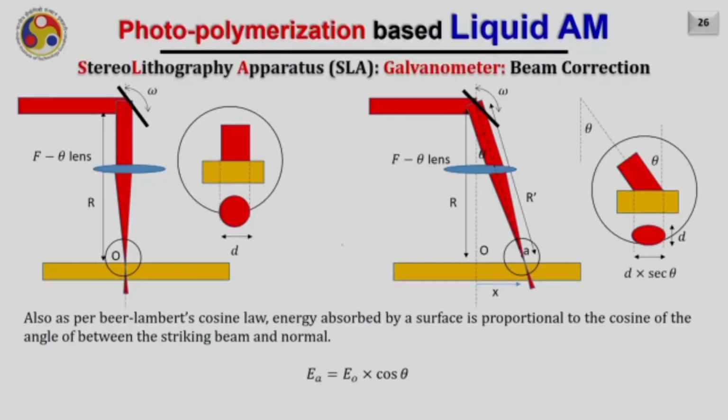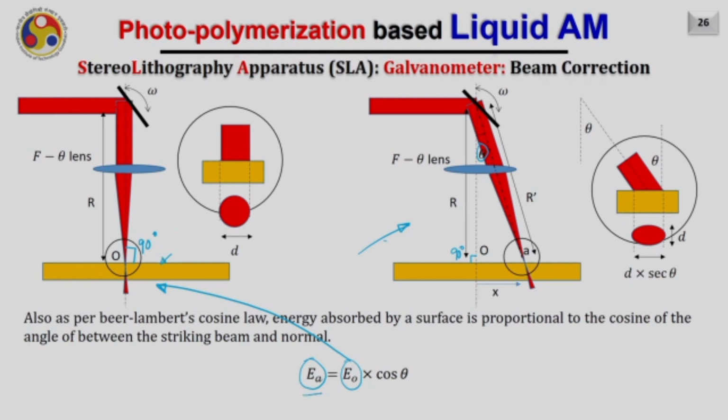Let me just show it to you here. So in this case, the laser beam is striking at an angle theta from the normal of the surface. This is the normal of the surface, 90 degree. Then the energy absorbed by the surface will be equal to the maximum energy absorbed, which is the case when the laser is striking vertically, at 90 degree, which is also along the normal of this surface, because this is a flat surface, hence the normal will also be vertical.